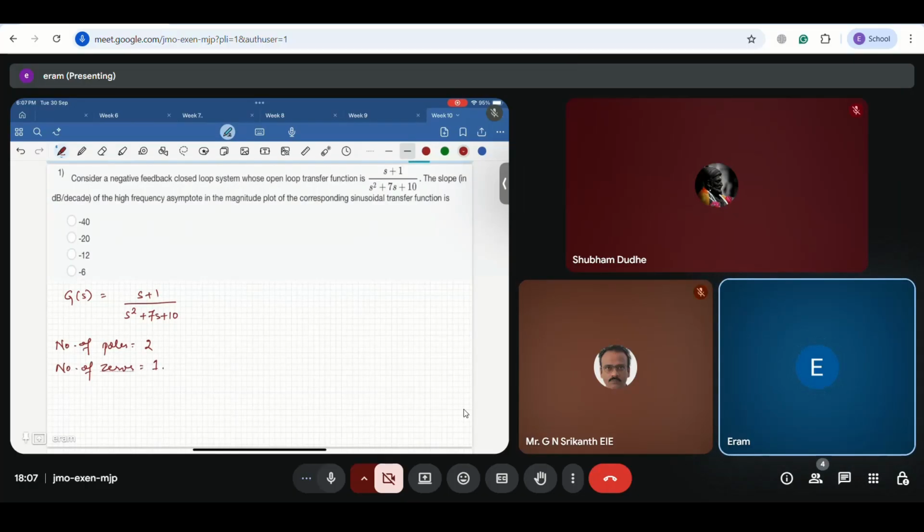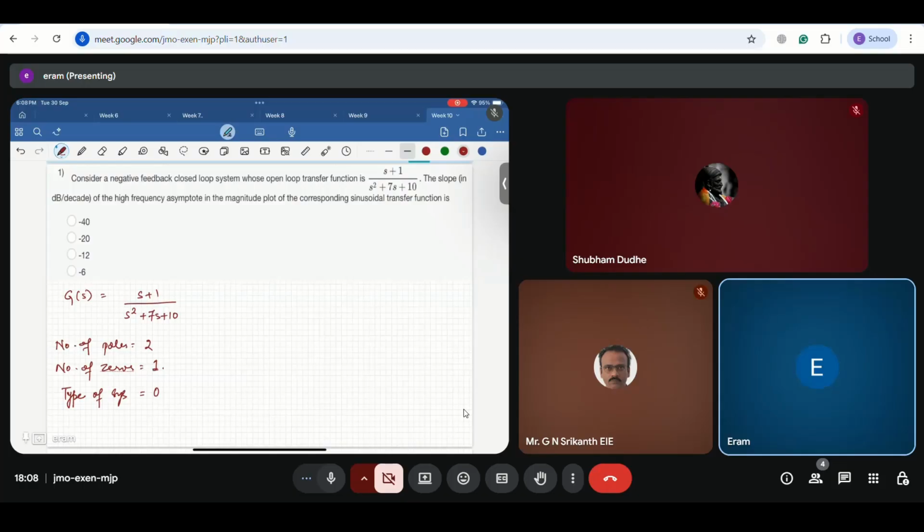And what is the type of this system? Is it type 0, type 1 or type 2? Do we have any pole at the origin? No, ma'am. Since we have no pole at the origin, the type of system is 0. So it is a type 0 system.